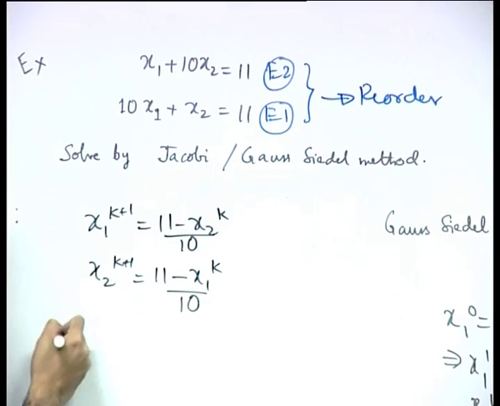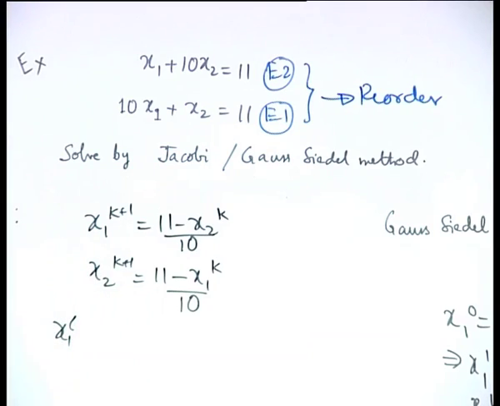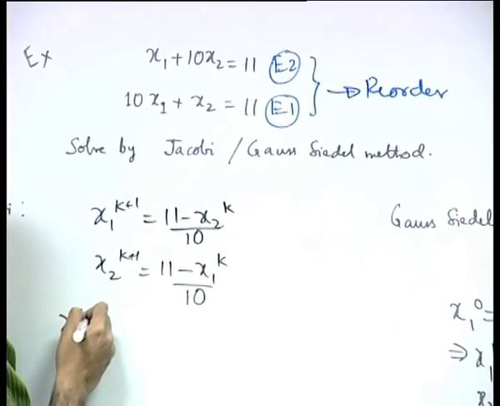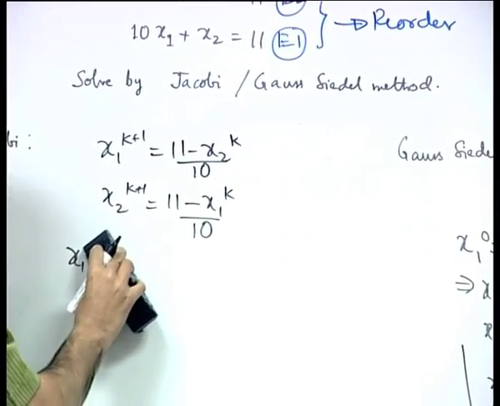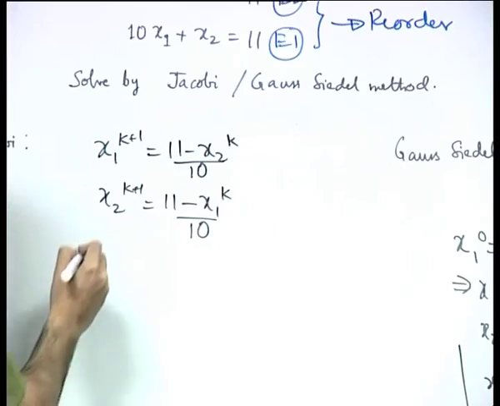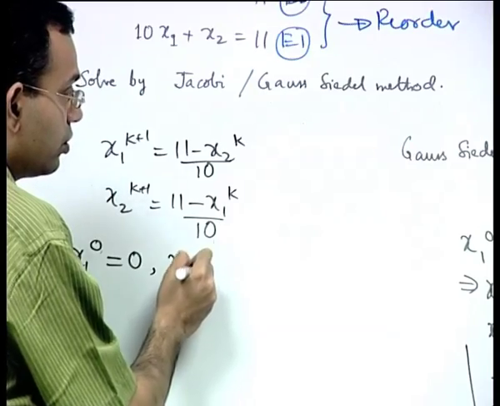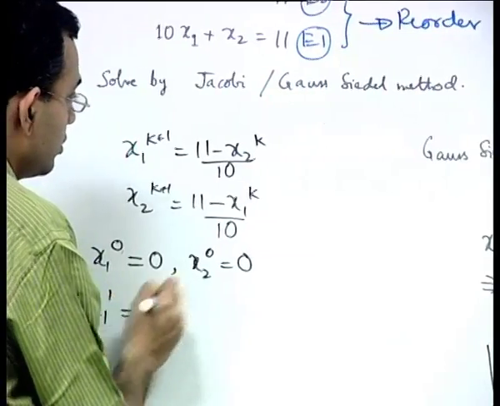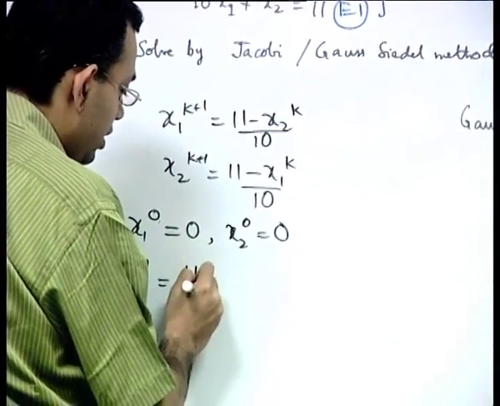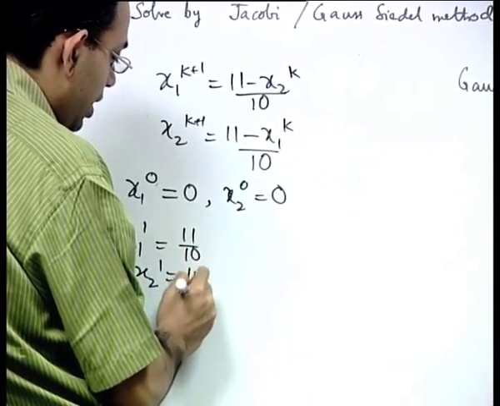Now, if you take x1 0 equal to 0 and x2 0 equal to 0, then x1 1 is equal to 11 by 10, x2 1 is equal to 11 by 10.